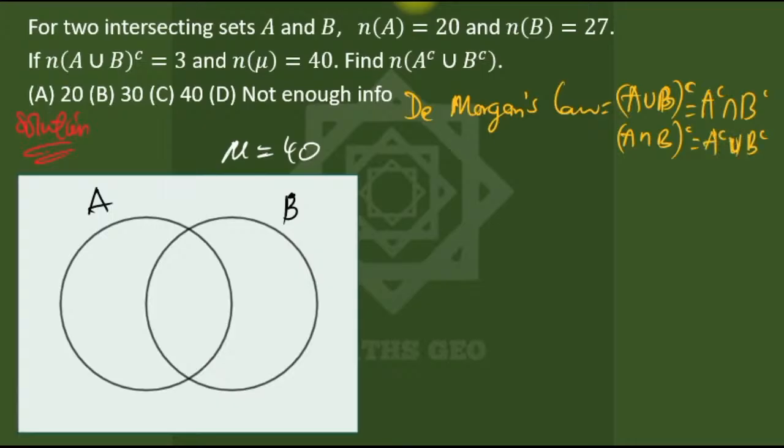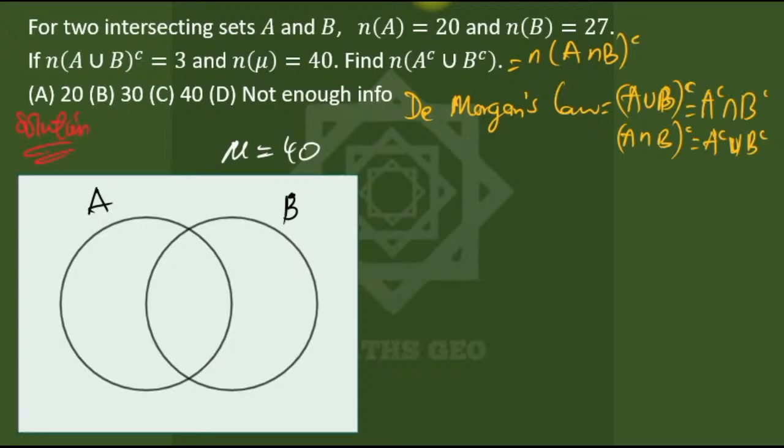So that's what we are going to use. What we are asked to find is just A intersection B prime.